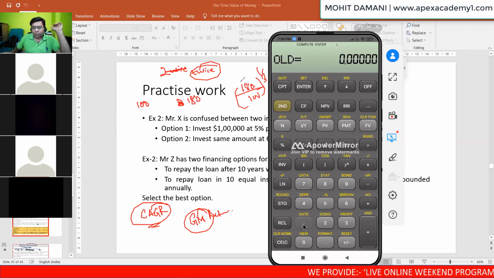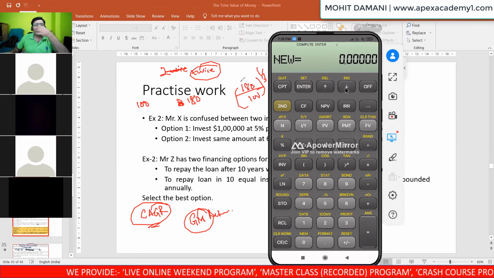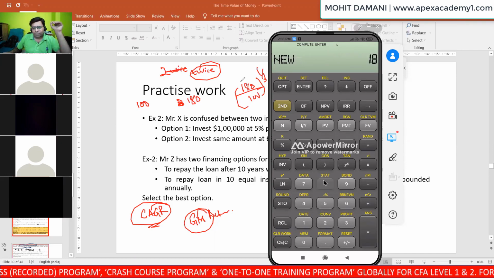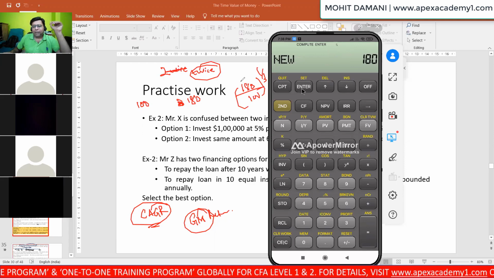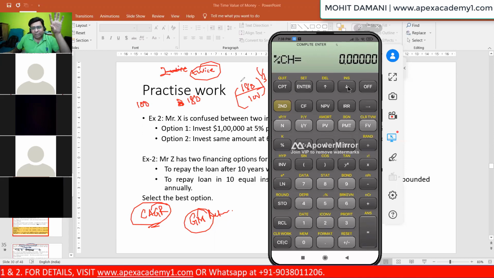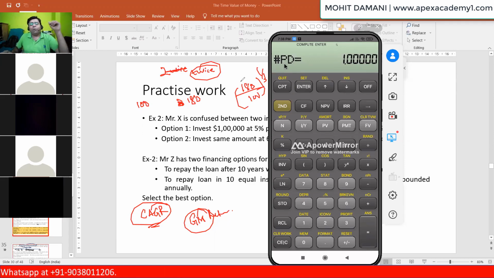In old, you will enter 100, then enter and arrow down. In new, you will enter 180, then enter and arrow down. You are calculating percentage, but before that, here they are asking what is the period over which this change has happened. This is the catch. If you leave it at 1 and click on the compute button, obviously the change is 80%.